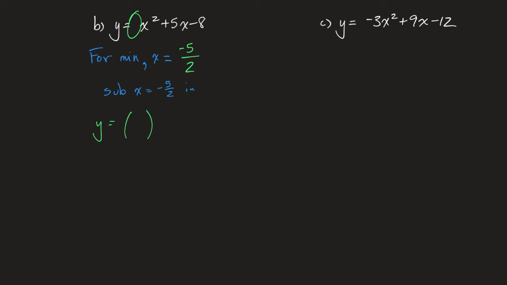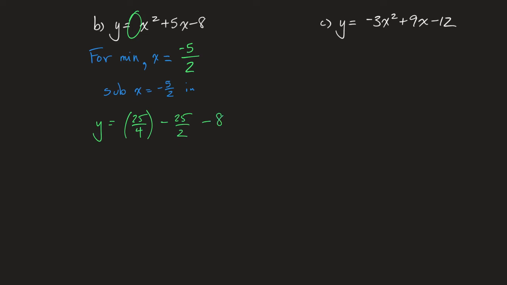So when I sub in my negative 5 halves and square it, I'm going to get my 25 fourths. When I sub in my negative 5 halves times my 2, I might be able to just jump straight to, well, 5 times negative 5 halves is a negative 25 halves. And then my minus 8.